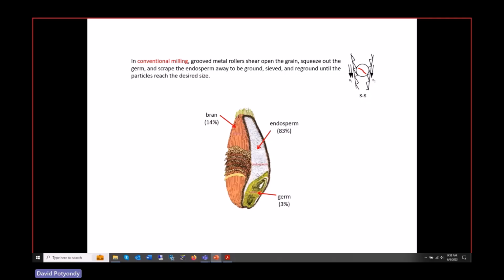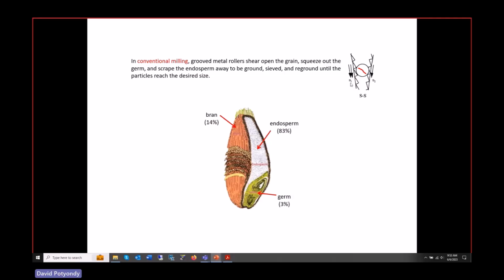When you create flour, you run this through mills and you crack this thing open. You sift away the bran, you sift away the germ, you're left with the endosperm, and you just keep on grinding it smaller and smaller. The way that it gets ground is you have these two big metal rollers. They're both rolling downwards, you can see.